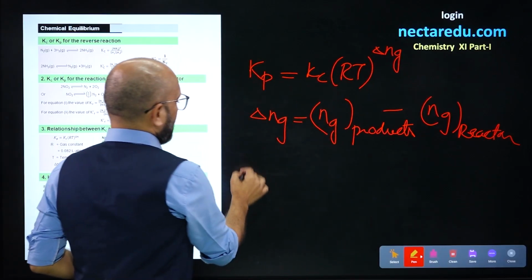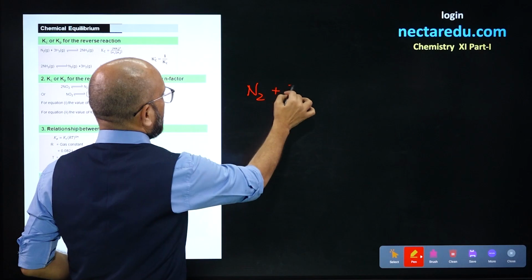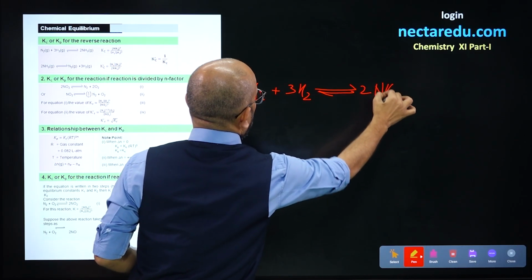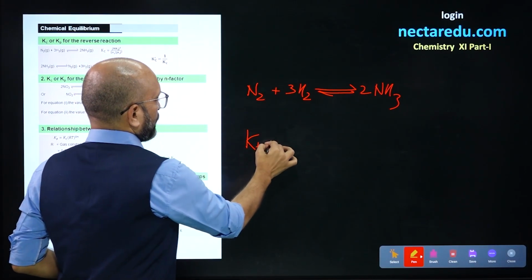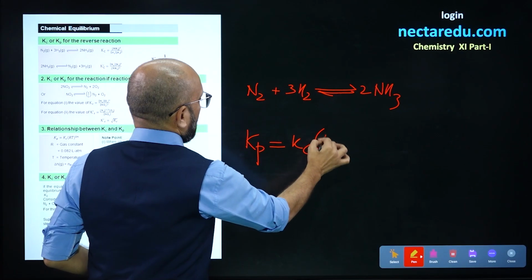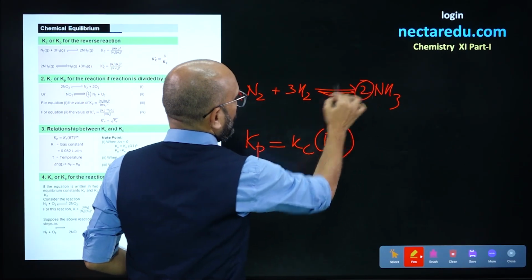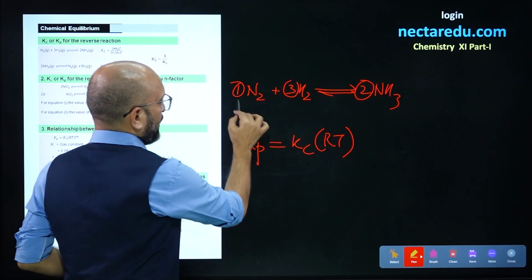For example, if I take this reaction N2 plus 3H2 gives you 2 ammonia molecules, then what will be the relation for Kp and Kc? Kp equals Kc RT to the power delta Ng. What is delta Ng? How many moles are there on the product side? 2. And on the reactant side, 3 plus 1, so there are 4 moles.